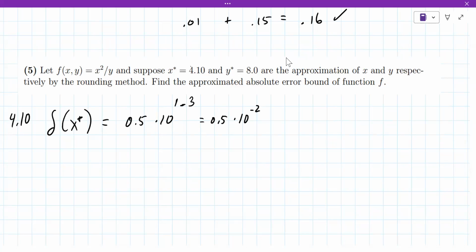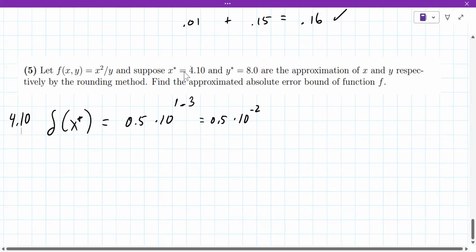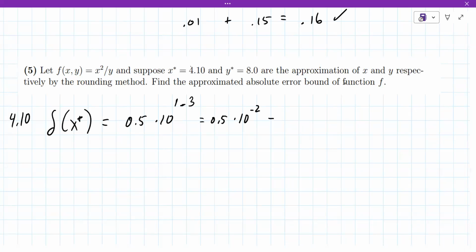Okay, why is it 1 minus 3? There's 3 significant digits in x star. Yeah. Okay, and then this becomes 0.005. And then we do the same thing, delta y star for 8.0.